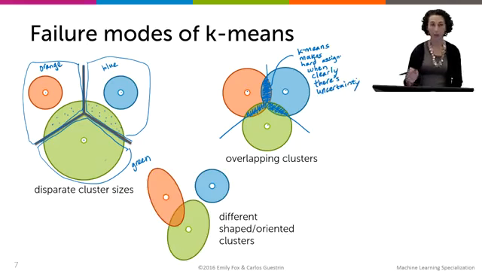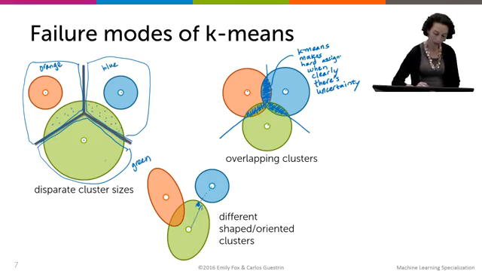And the other thing that we said that k-means does not account for is if the clusters have different shapes or orientations to those shapes, and especially if those shapes are not known ahead of time, what the weightings on the different dimensions should be. So for example, if we look at this observation right here, under k-means, it says, well, the distance to this blue cluster is smaller, so this observation will get assigned to the blue cluster, and it's not taking into consideration that this green cluster has a lot of spread along this axis.